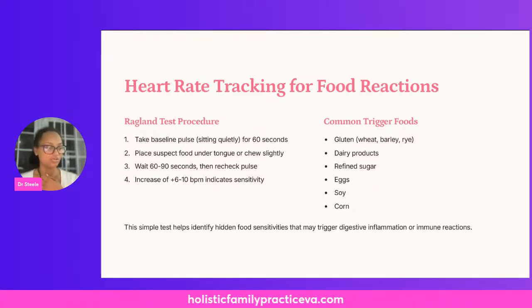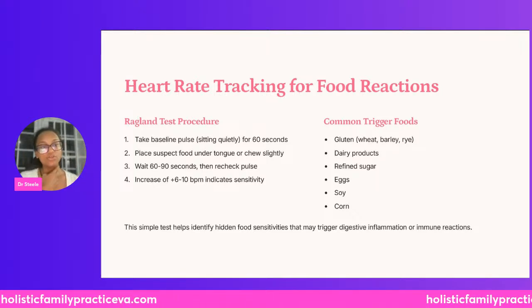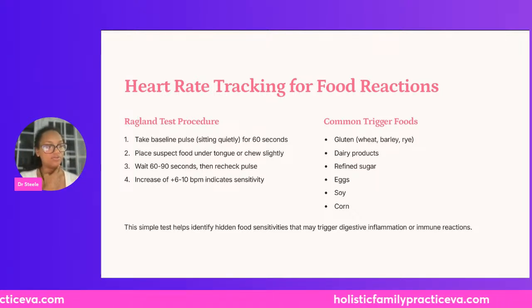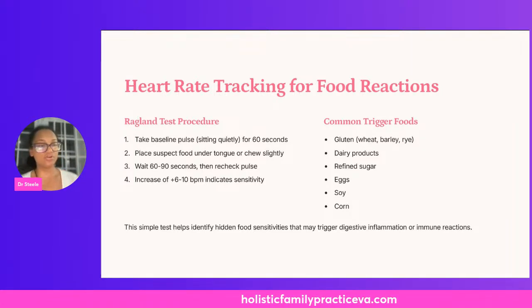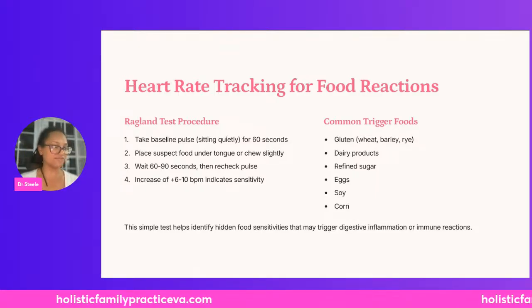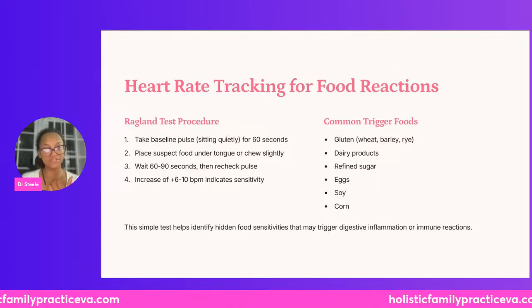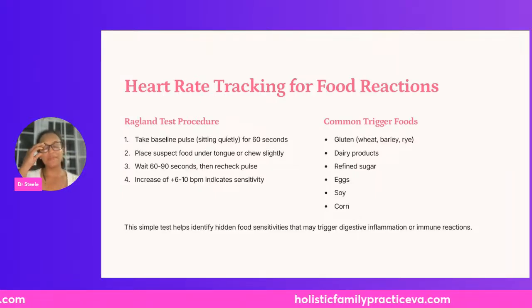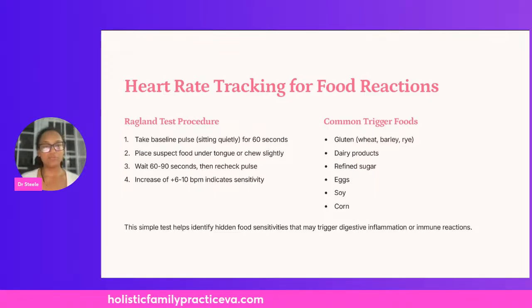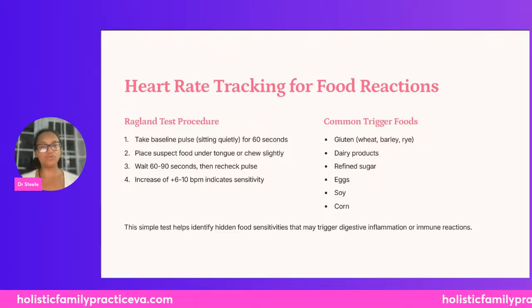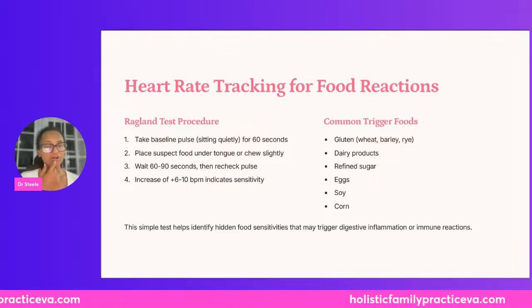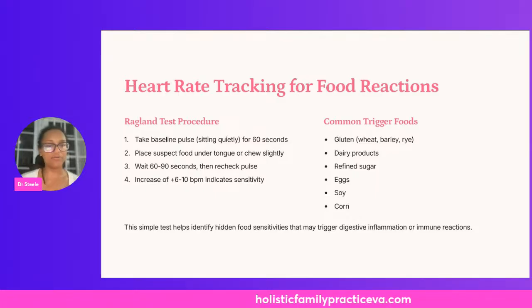So you're going to take your pulse rate. You can take it on your wrist, on your neck, or on your ankle. A lot of the watches, your Fitbit, Apple Watch, will also take your pulse rate for you. So you're going to take your pulse rate for a minute as you're relaxing, record that number down, and then put that food either under your tongue or in your mouth.